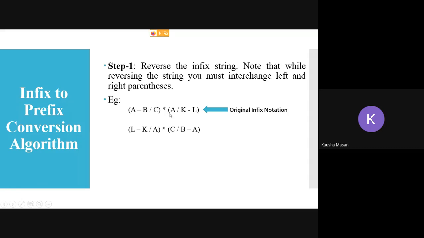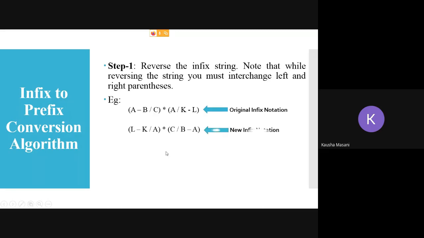It was opening here in the original. In the reversed one, it is now a closing parenthesis. Star remains as it is. This closing parenthesis now becomes the opening parenthesis. C divide B minus A, and again this opening parenthesis becomes my closing parenthesis.